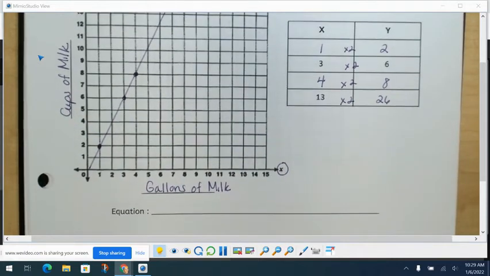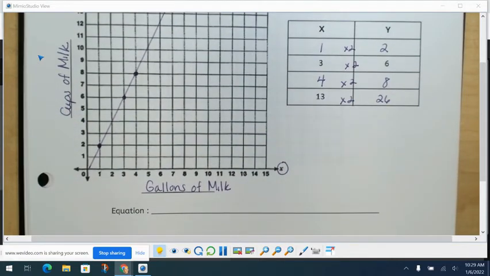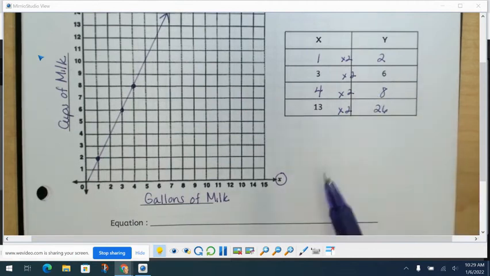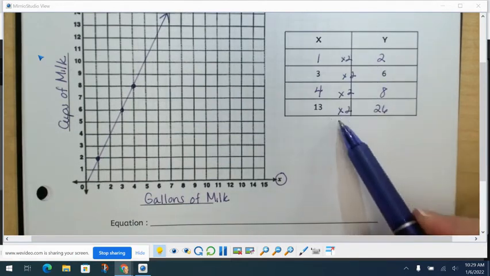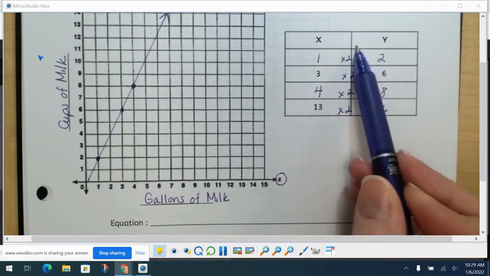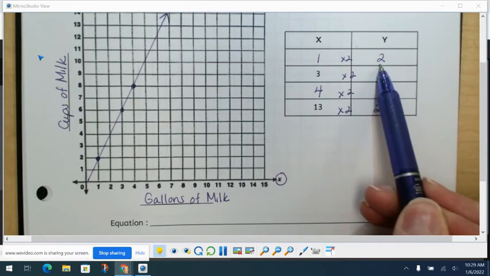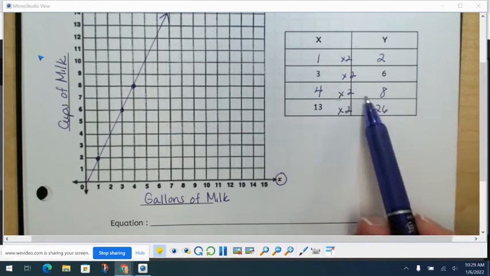The final piece of this is that I need to write an equation for this graph and for my table. I always go back to my table to write my equation. That's always the easiest for me. I look at what was happening here. I was multiplying by 2 in this table: 1 times 2 equals 2, 3 times 2 equals 6, 4 times 2 equals 8.